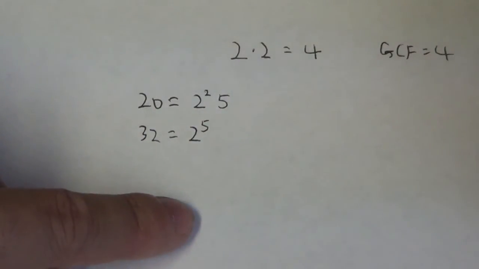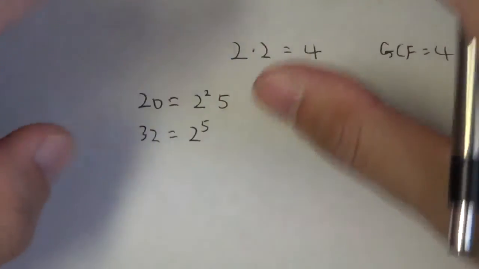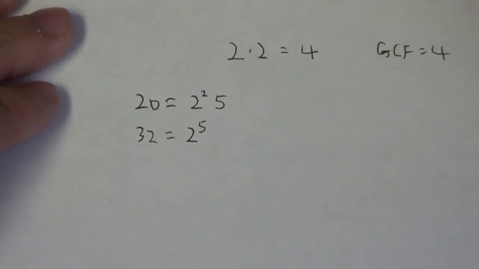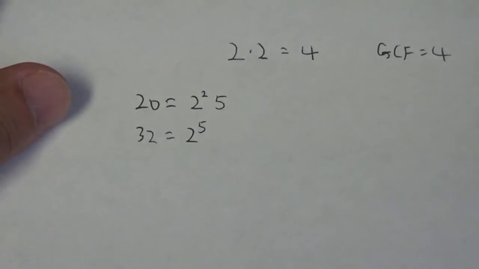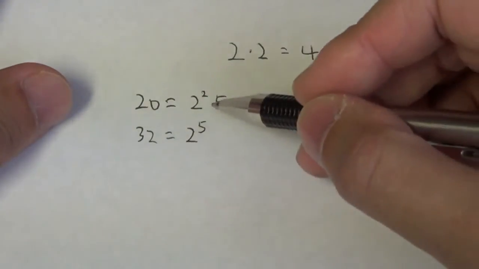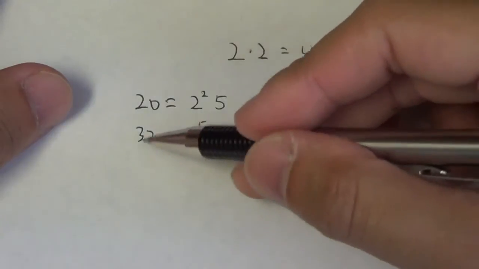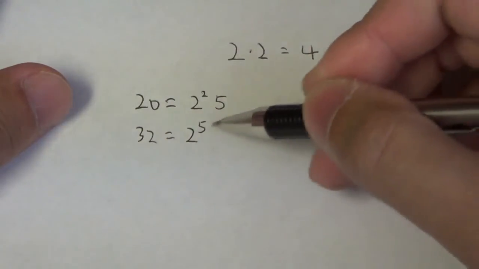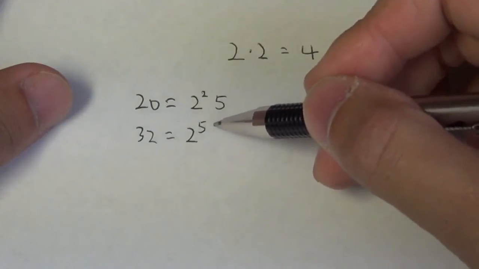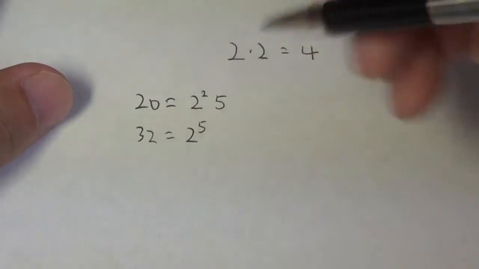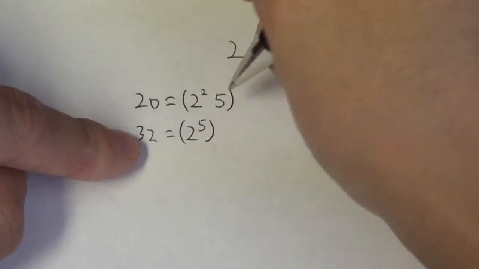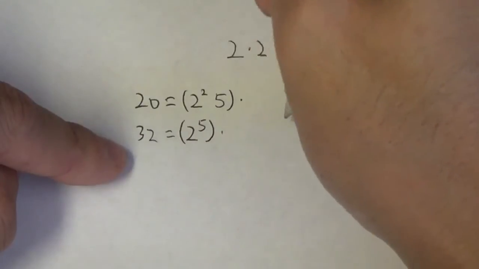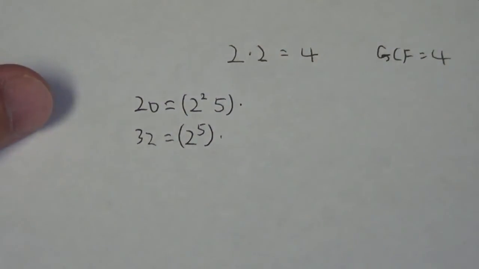Not just any numbers, because that could be an infinite amount of combinations, but we're looking for the least possible one, which means we want to multiply them by additional numbers as little as possible. 20 has a times 5, so it makes sense that 32 also needs to be multiplied by 5, or the factors need to be multiplied by 5, then they will be the same. Remember, this number is 32, this number is 20, so whatever we multiply by, it's all going to mix up in the end.